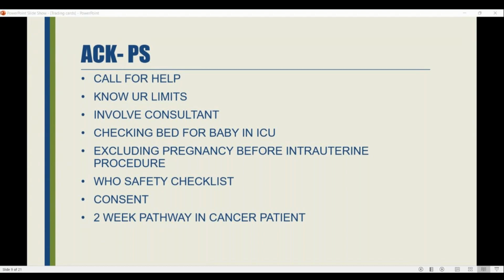Next point in applied clinical knowledge about patient safety is checking the bed for the baby in NICU. If a preterm delivery case comes, the first thing you're going to do is check the NICU bed. Suppose there is no bed in NICU, you will do intrauterine transfer if she's not having any bleeding or not in advanced labor.